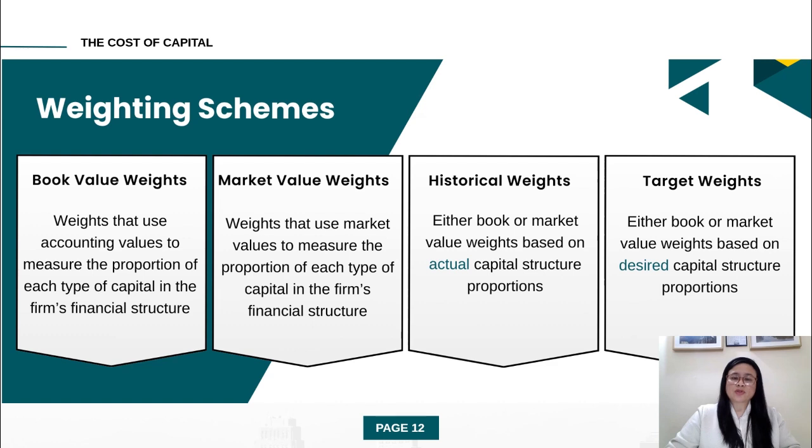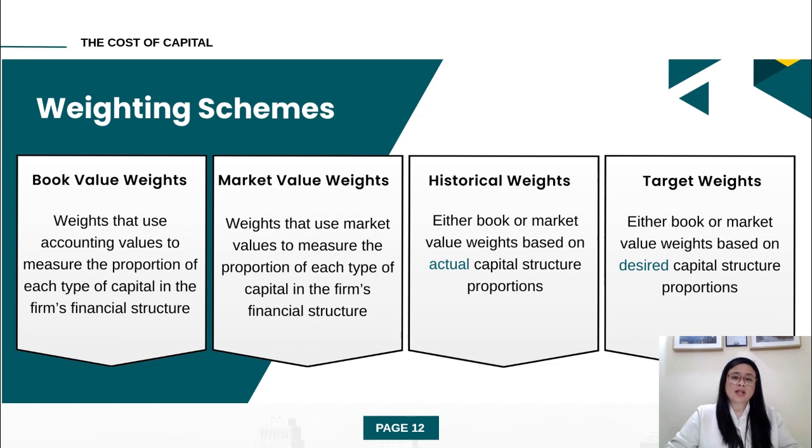The first one, book value, uses the values from the company's balance sheet or accounting records, and it considers the original recorded value of debt and equity, not the current market price. For example, if the debt is $2 million and equity is $3 million, the total capital is $5 million.